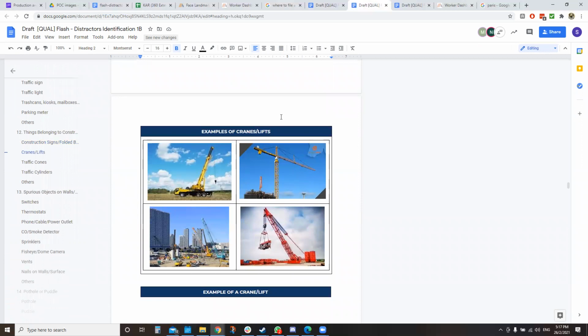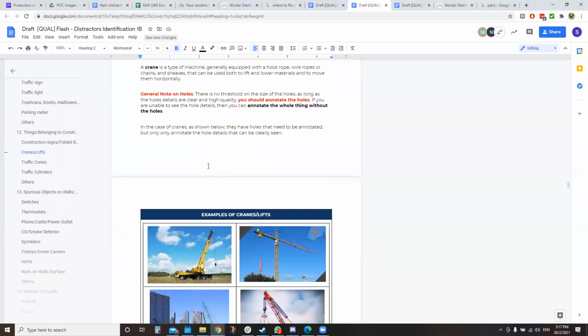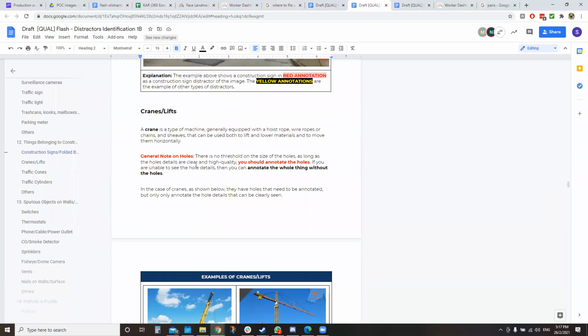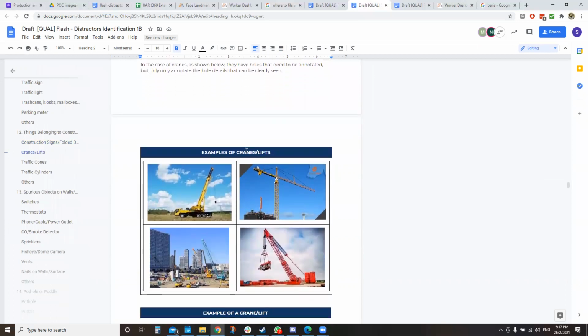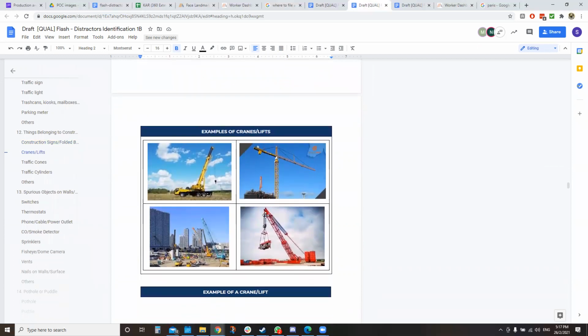I'll show you a production task for the masking so that you understand how holes are also part of distractors. See here, for example, the crane. So here got holes, right? So you actually need to annotate the holes.